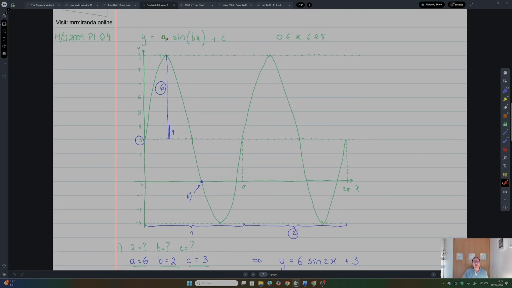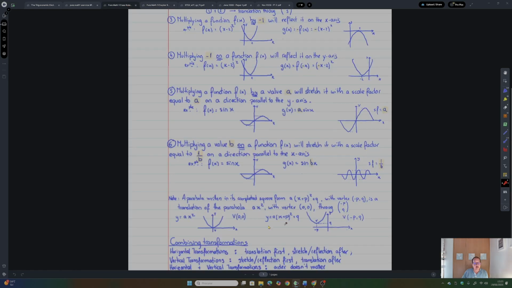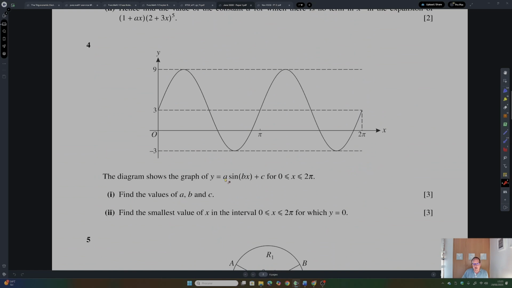The value of a is the vertical stretch. Don't forget that we have now dealt with the horizontal transformation. I could have picked the 2 vertical transformations that you have, the vertical stretch and the vertical translation. But I picked to deal with b first, the horizontal transformation.